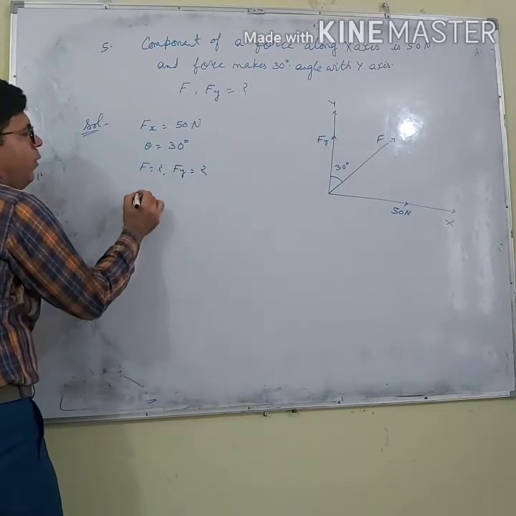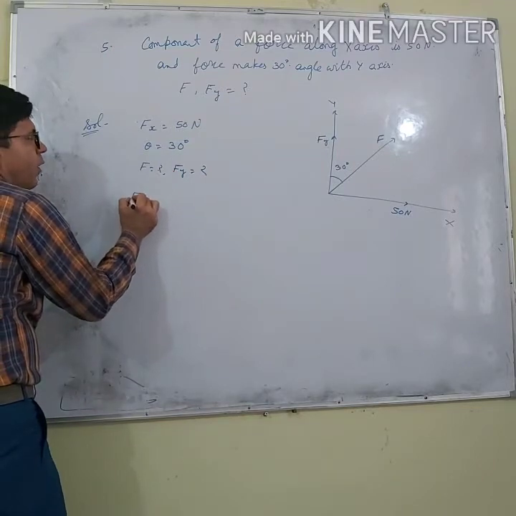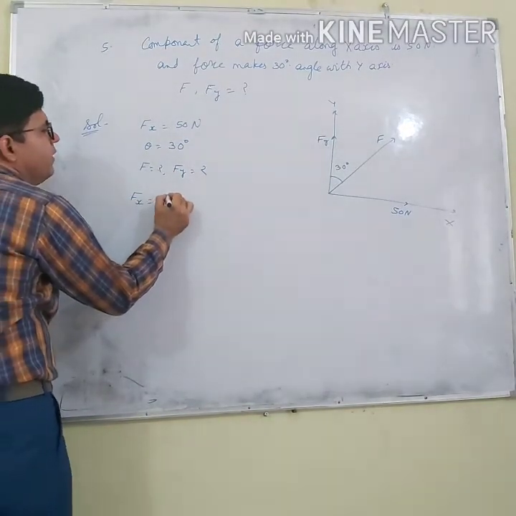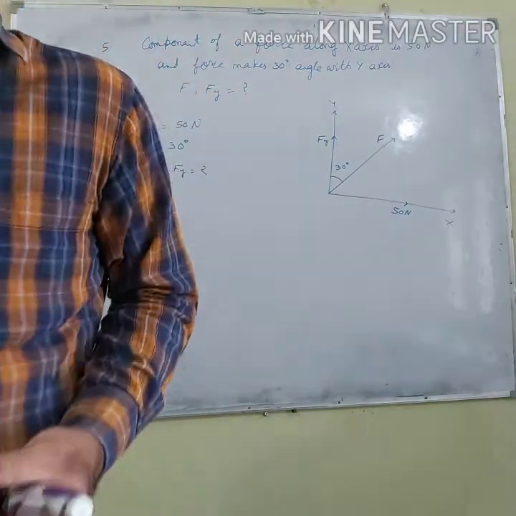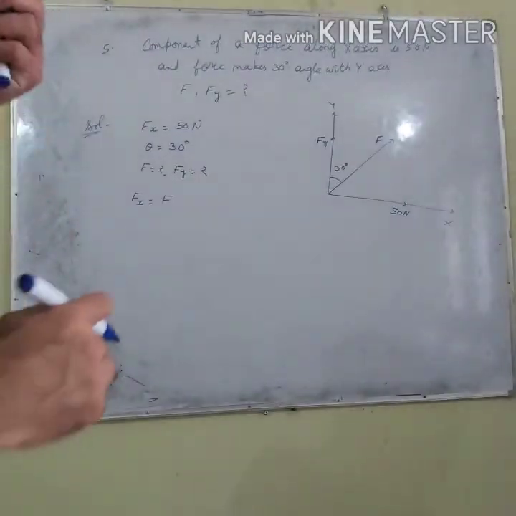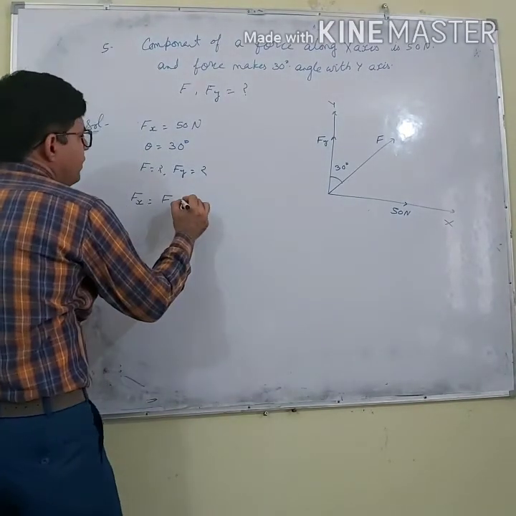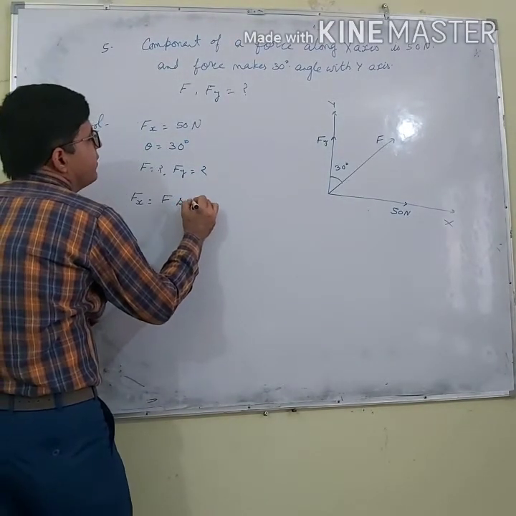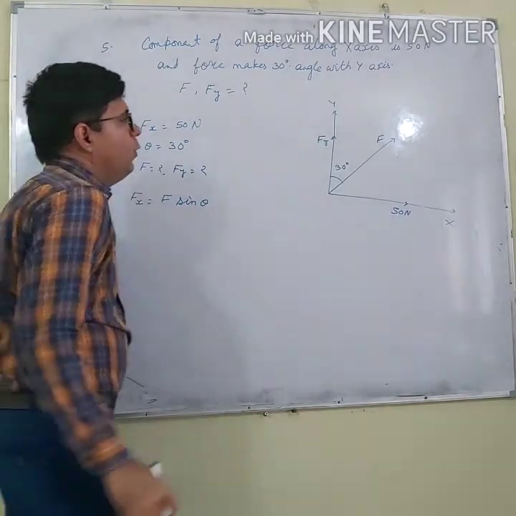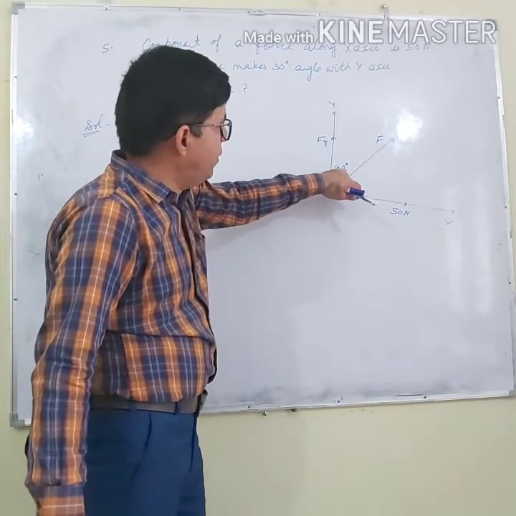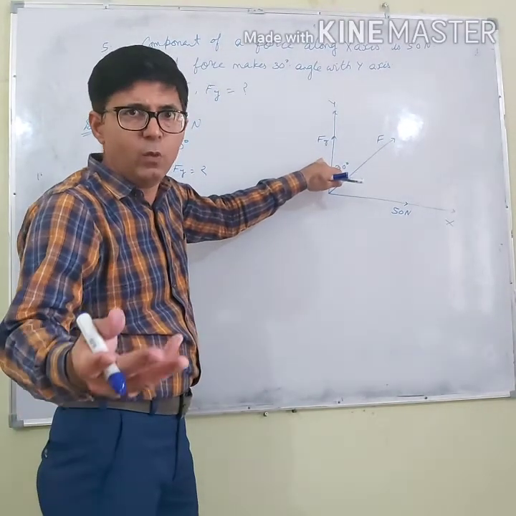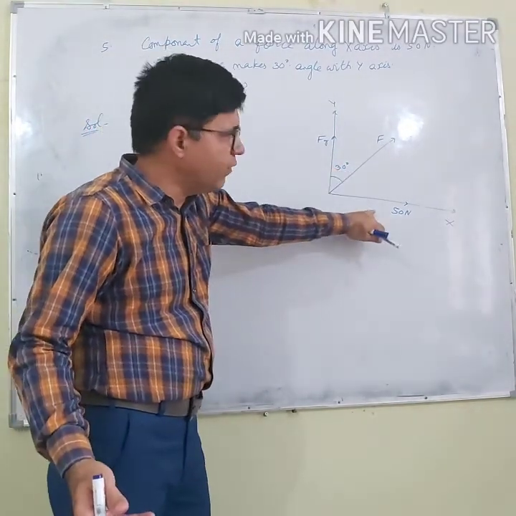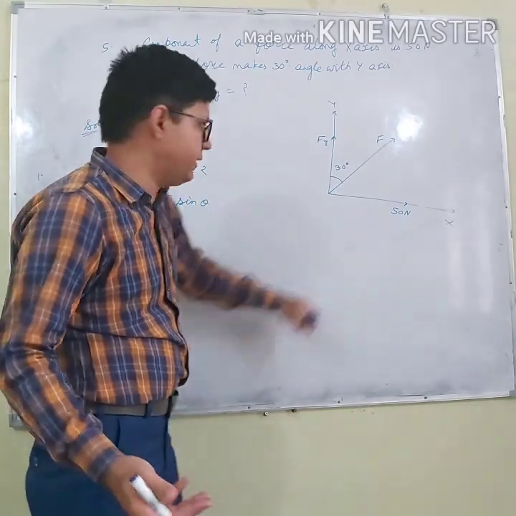How can I find it out? Listen, Fx equals to F. What formula will I use? F sin theta or F cos theta? Since the angle is with the y-axis, Fy will be equal to F cos theta. And what will be Fx? It will be F sin theta.